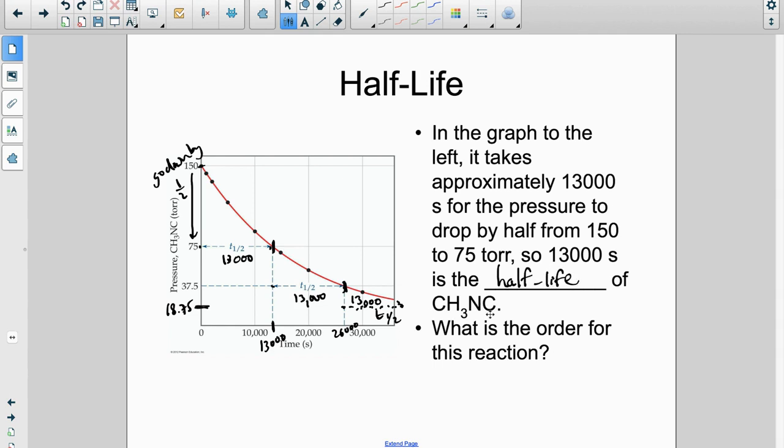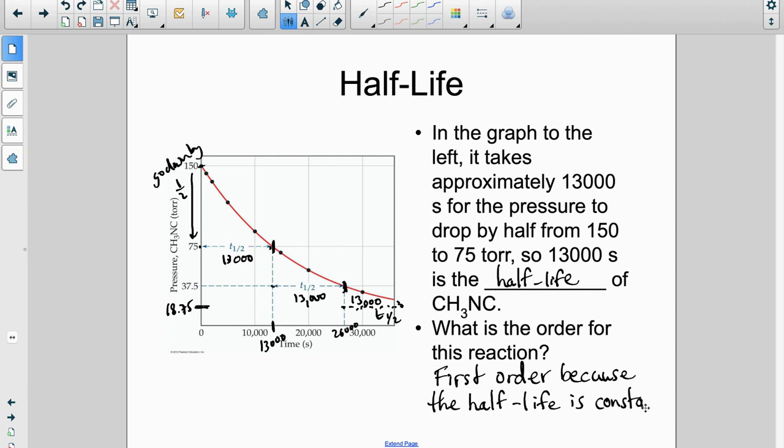Of CH3NC. What is the order for this reaction based on what we're seeing? It is first order. How do we know that it's first order? Because the half-life is constant. Only the first order half-life is constant. Only first order reactions have a constant half-life.